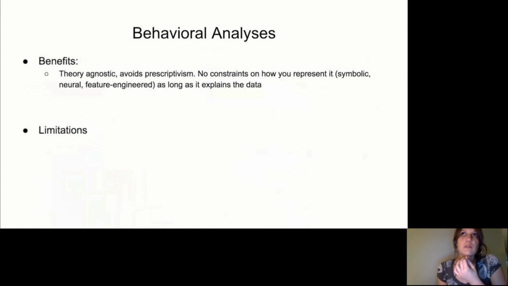The goal is to build a model that is consistent with and explains the data we observe in humans. And so if humans make a specific inference reliably, or if they find a sentence acceptable or not acceptable, the goal of us building a model would be to make those same predictions.